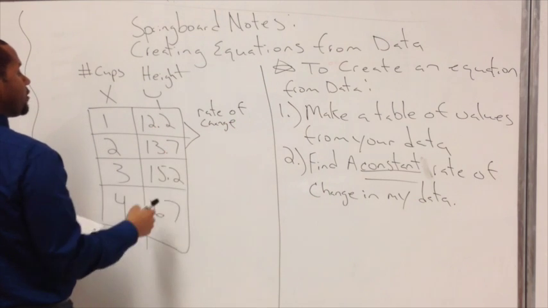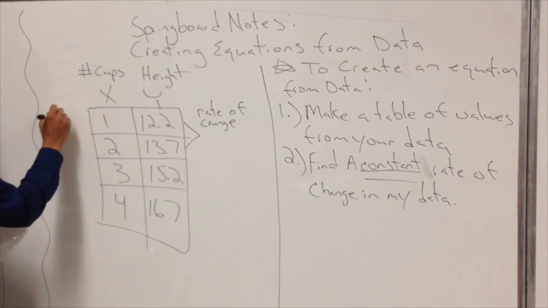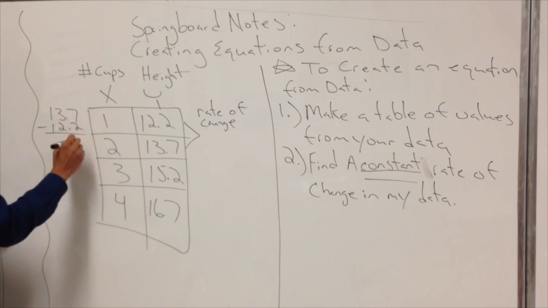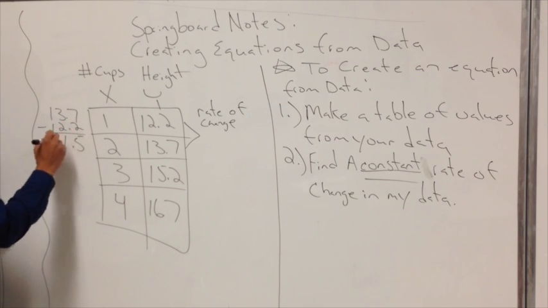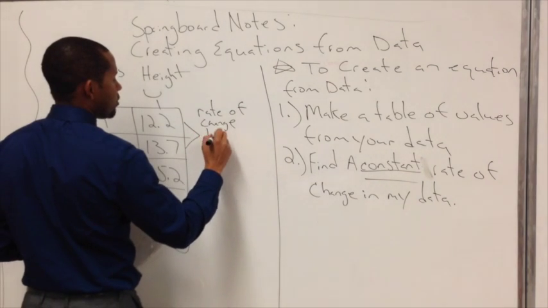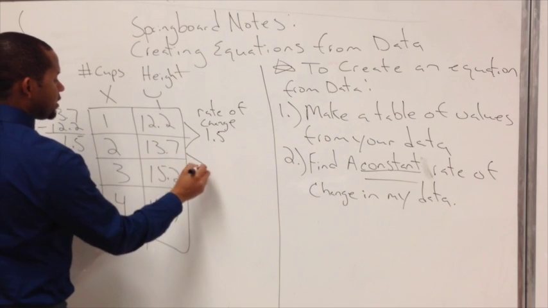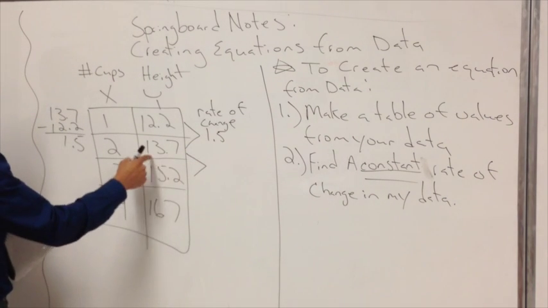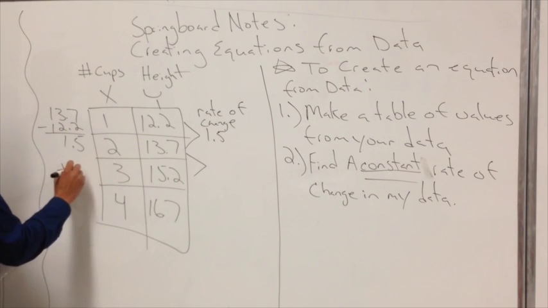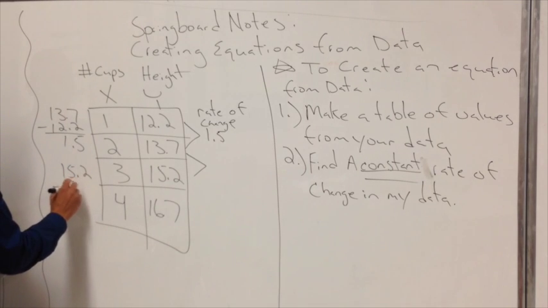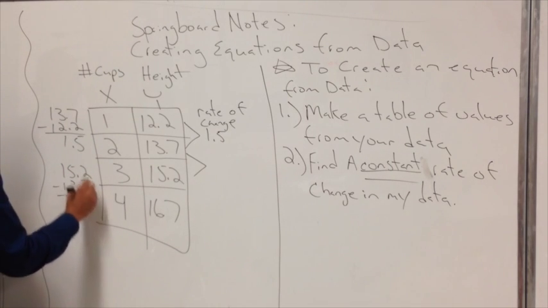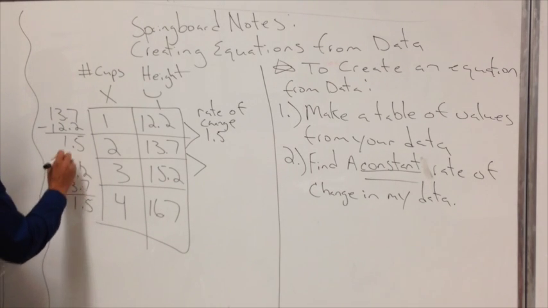From 12.2 to 13.7, I could do 13.7 minus 12.2. And what's that, a 5? This is a 1. Right, my rate of change here is 1.5. Let's see, my rate of change here, 15.2 minus 13.7. Oh, look at this.